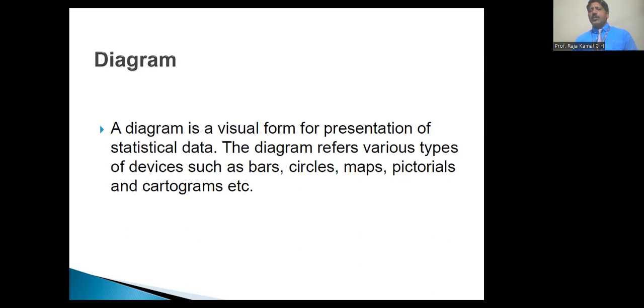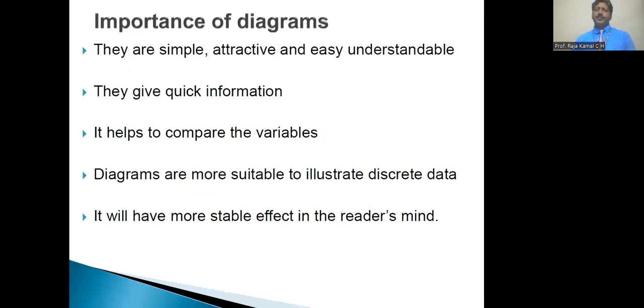In simple terms, a diagram is a presentation of statistical data. When does it start? Diagram presentation starts after collection of data.